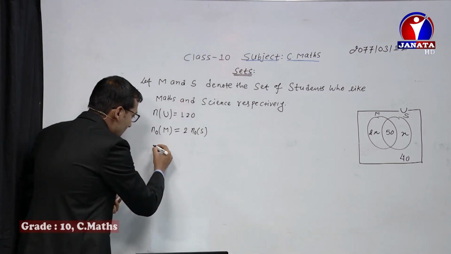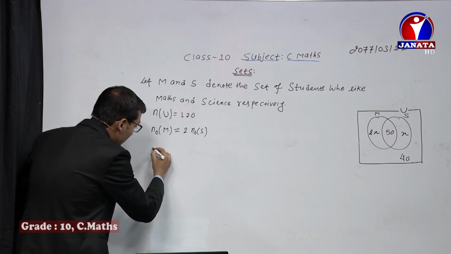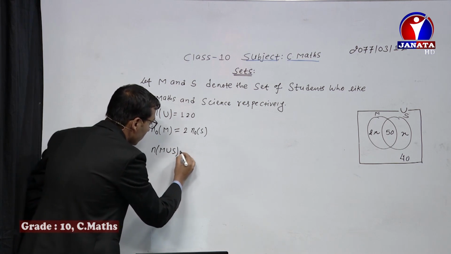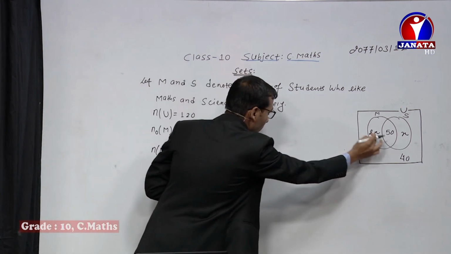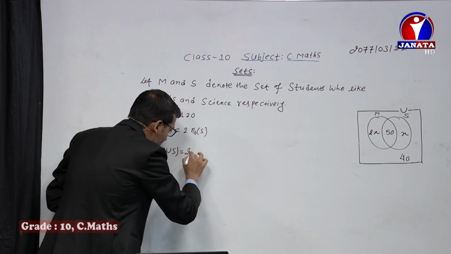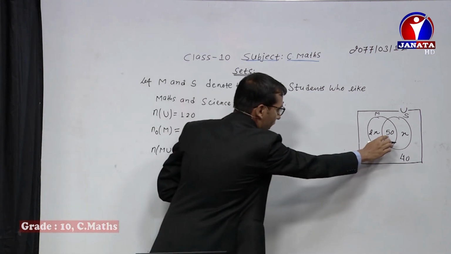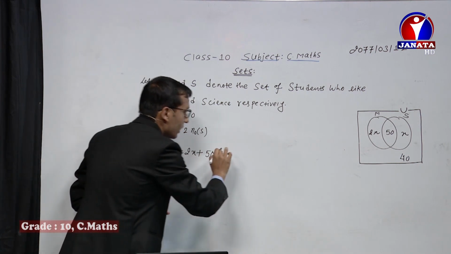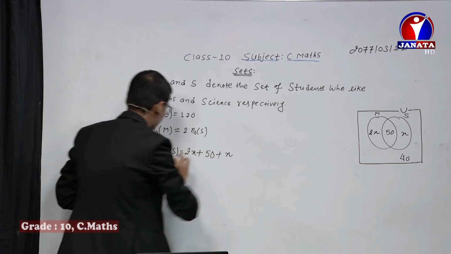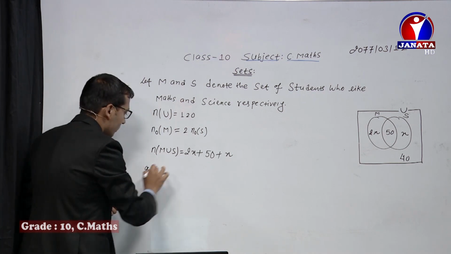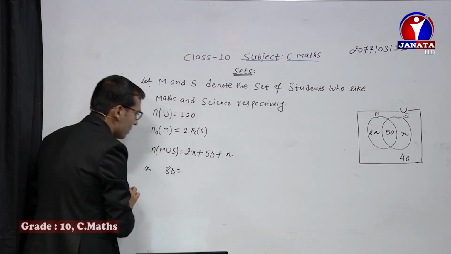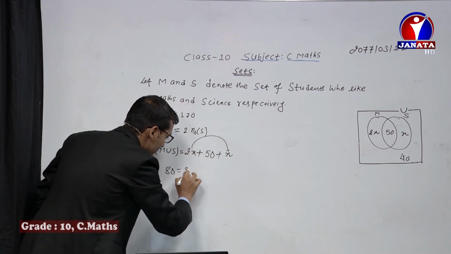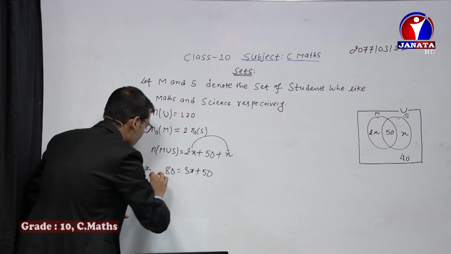Okay, so from the Venn diagram, what is n of M union S? It's n only M, which is 2x, plus the intersection of two sets 50, plus what is n only S? X. So 80 is equal to 2x plus x, which is 3x, plus 50.